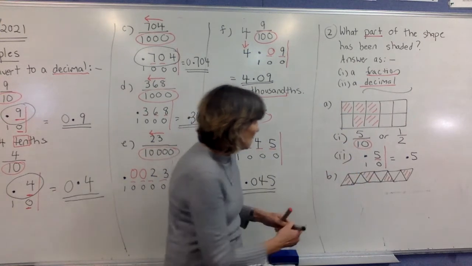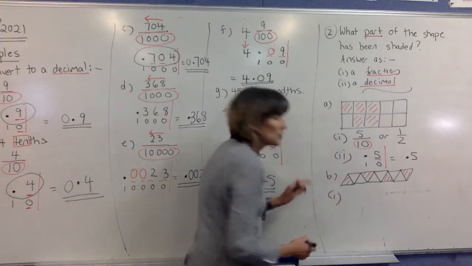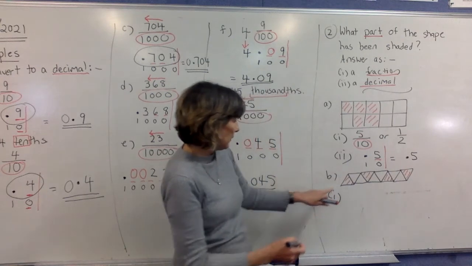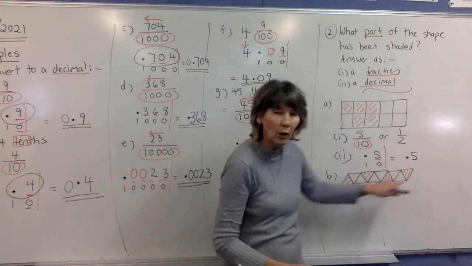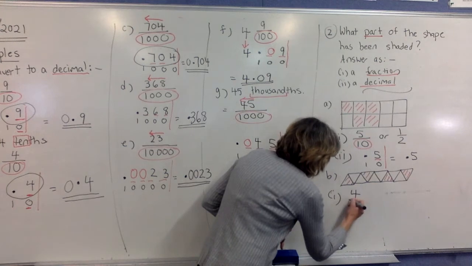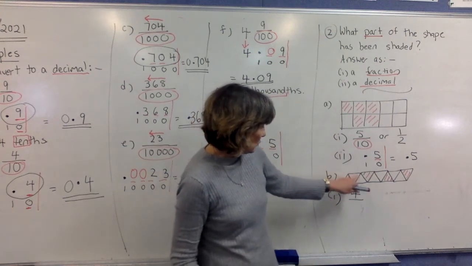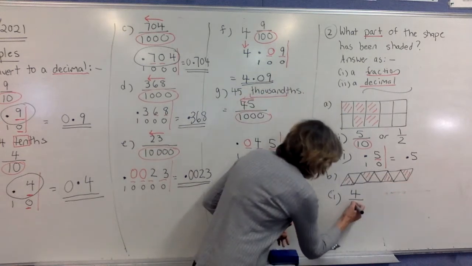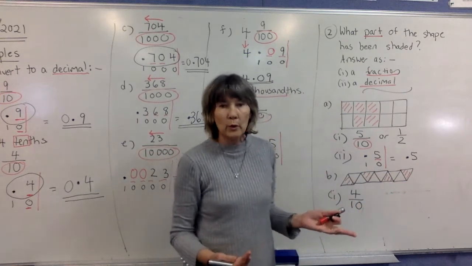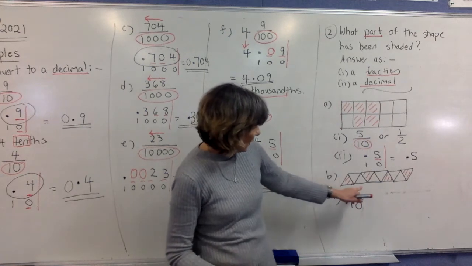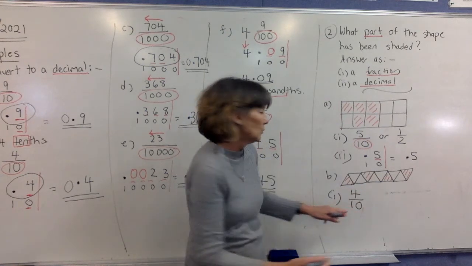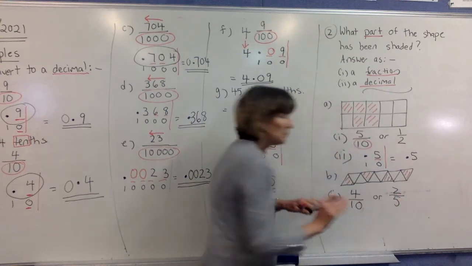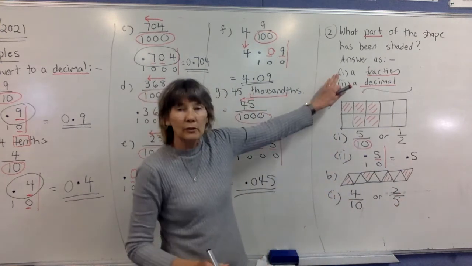All right, now in the second one, assuming all those triangles are the same size, let's count up how many we've shaded. 1, 2, 3, 4. Out of, let's count them, 1, 2, 3, 4, 5, 6, 7, 8, 9, 10 triangles. Now again, we could simplify that. If I divide the top and the bottom by 2, it would actually end up being 2 over 5, but you don't have to because they didn't ask for it.